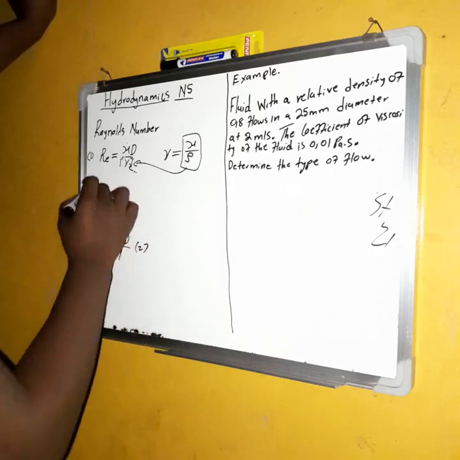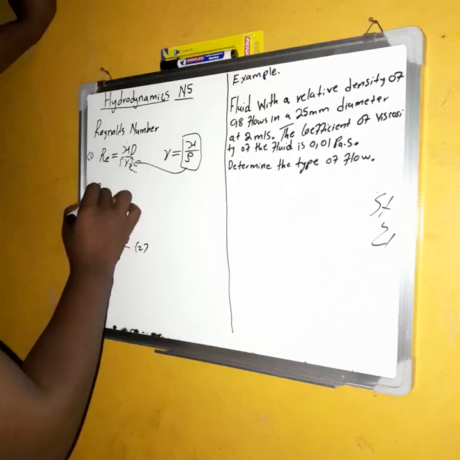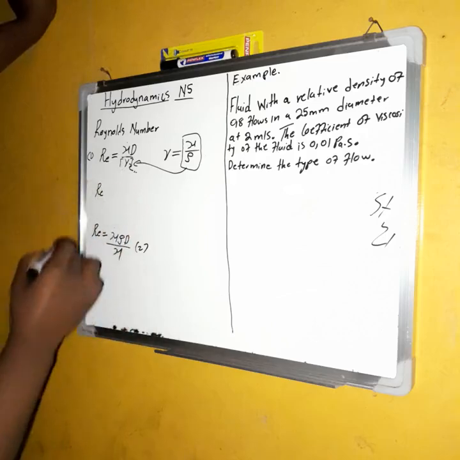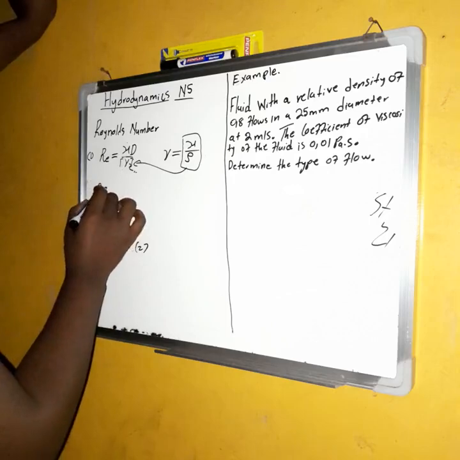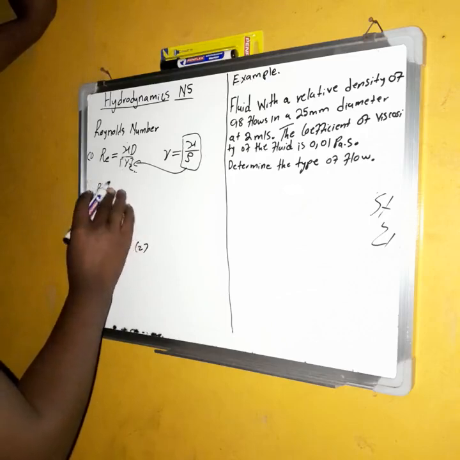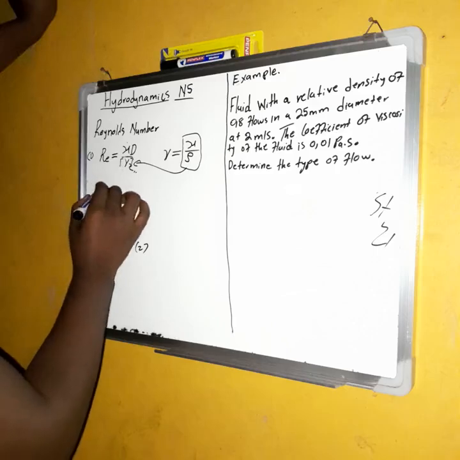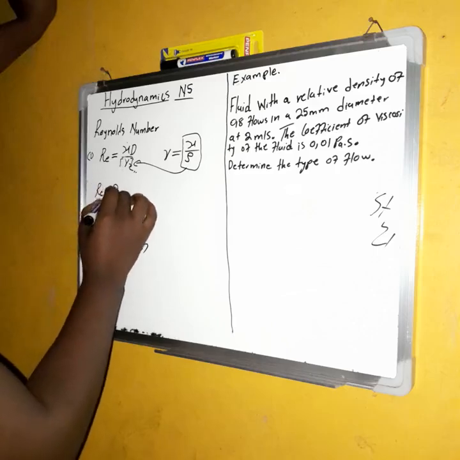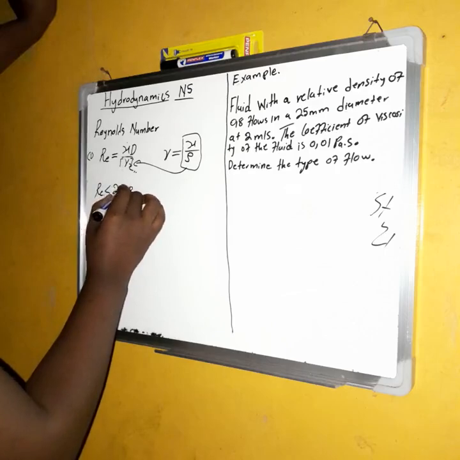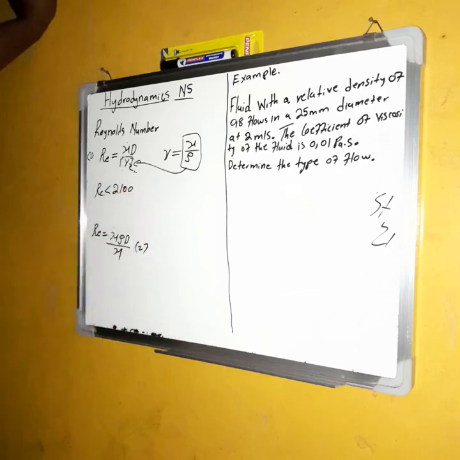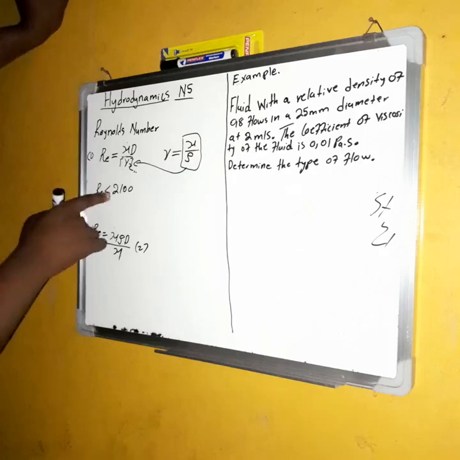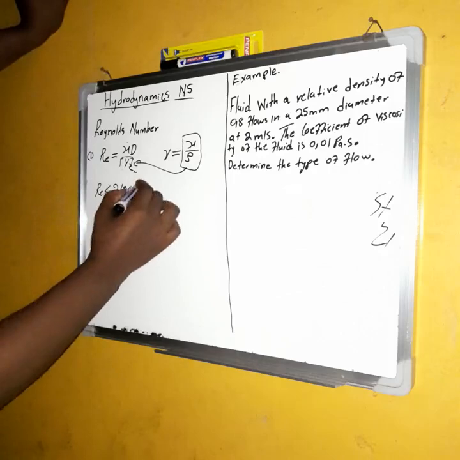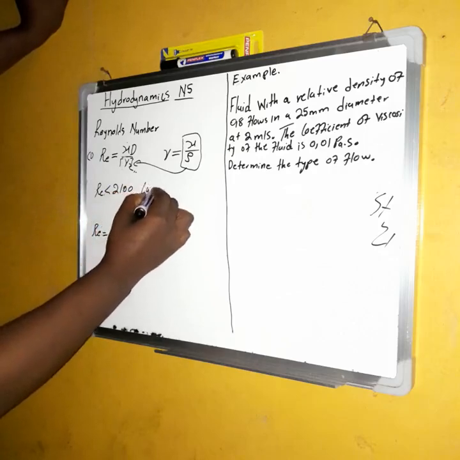If the Reynolds number is less than 2100, we call this a laminar flow.